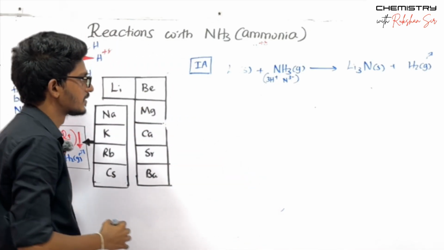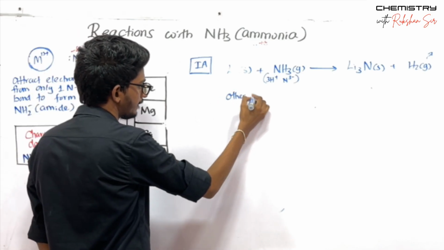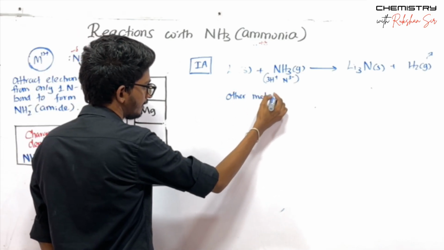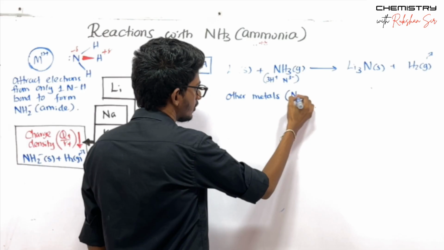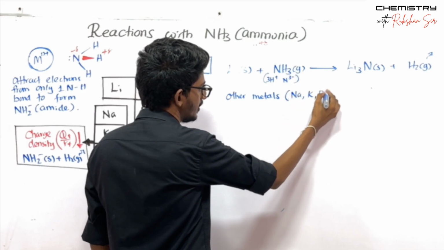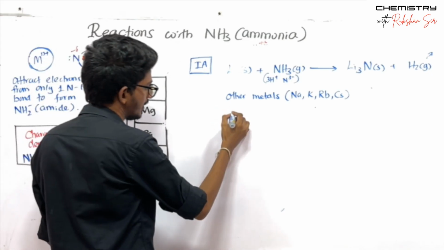right? So the other metals in group 1, that means sodium, potassium, rubidium, and cesium, let's take M as the general form.